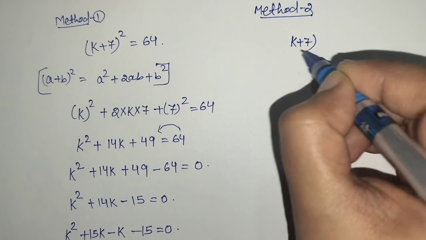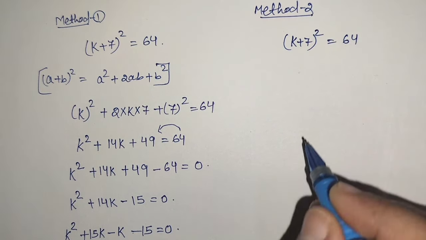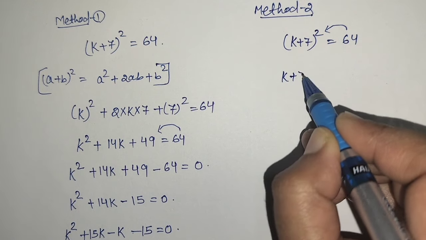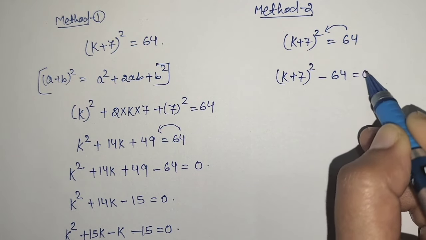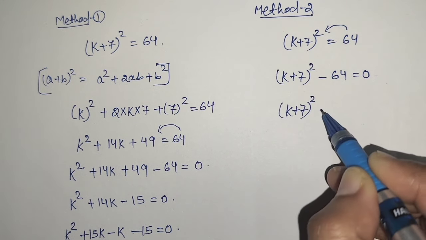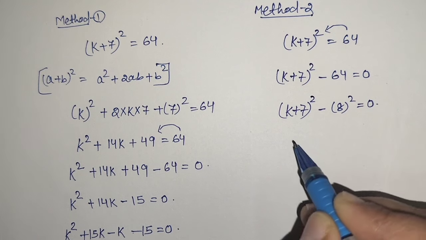(k + 7)² = 64. Move 64: (k + 7)² − 64 = 0. (k + 7)² − 8² = 0.